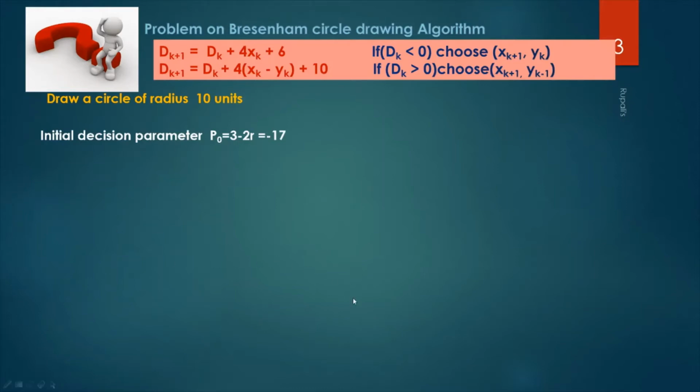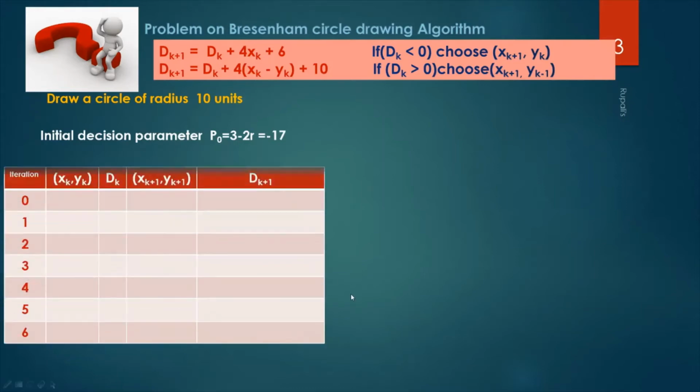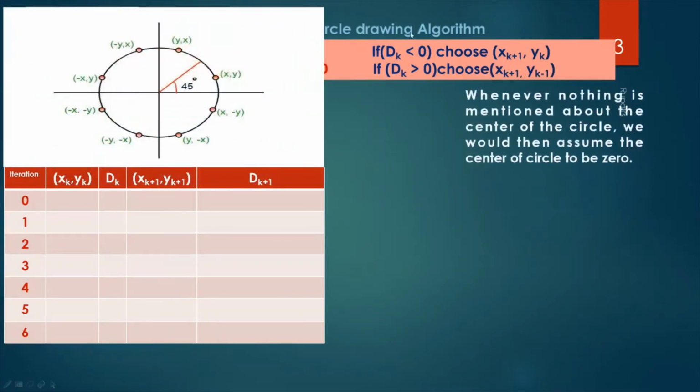So now our table. What is xk, yk? If in your maths the center is not given, then you can think that center is at origin. So here the center is (0, 0). We start from here, see my cursor.